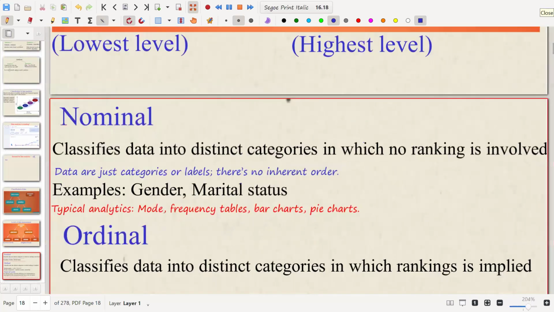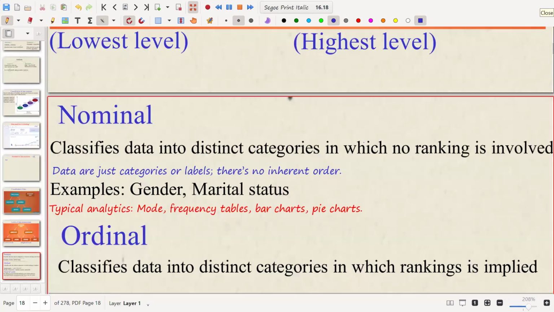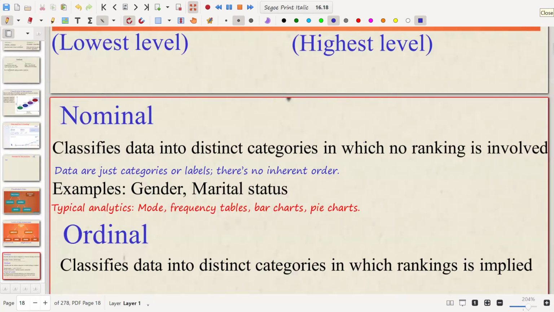So nominal. The nominal data level classifies data into distinct categories in which no rankings are involved. These are categorical variables in which no rankings are involved. For example, gender, male, female. You don't usually say male is greater than female or female is greater than male.